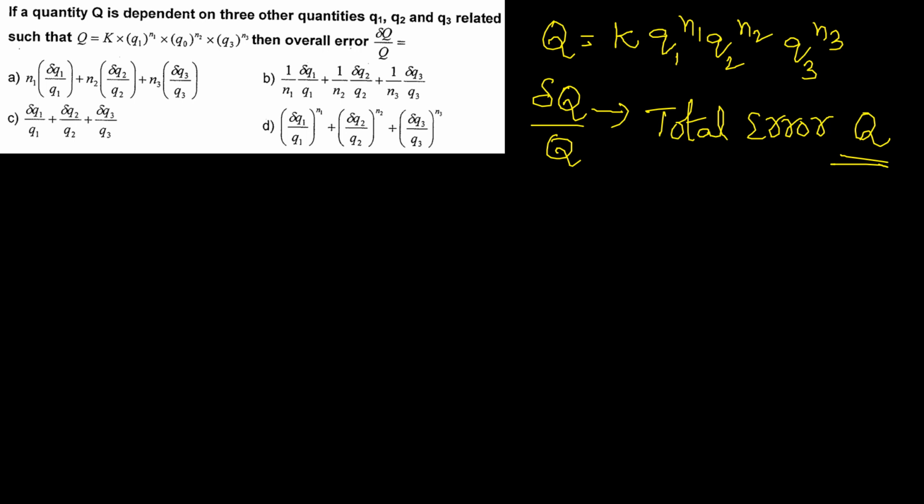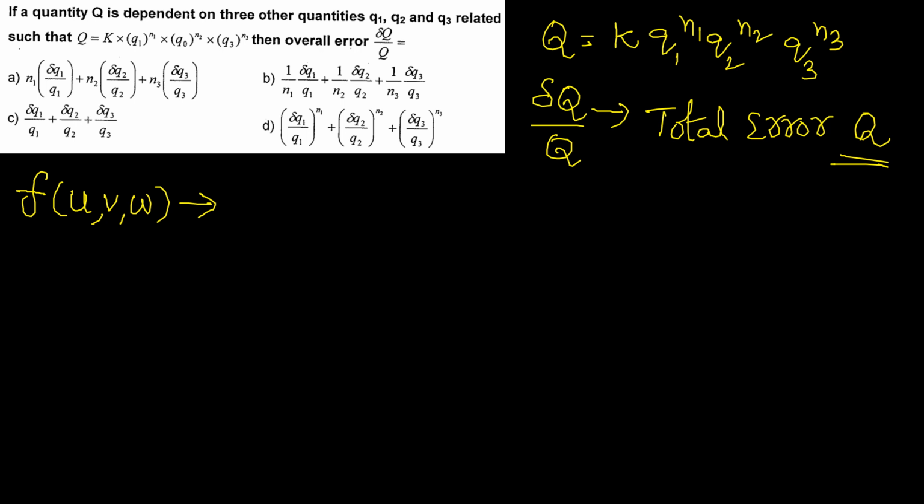This total error is somewhat similar to the total differential of a function. Now let's understand how to determine the total differential of a function. For that, let's consider a function f which depends on variables u, v, w.